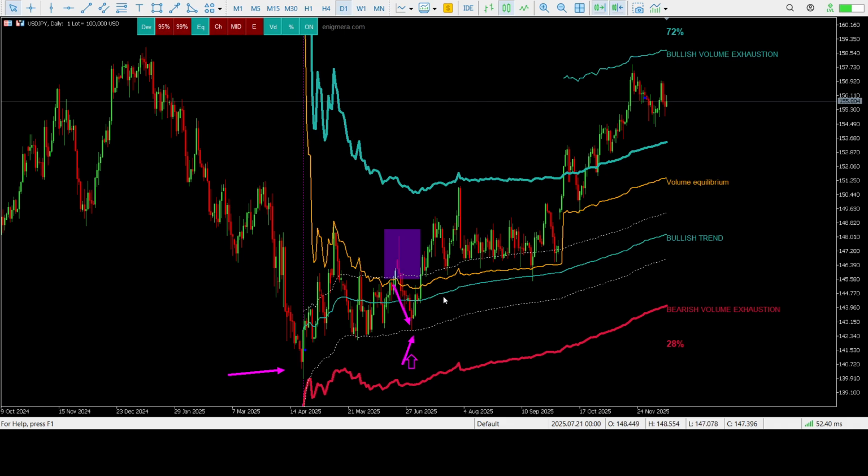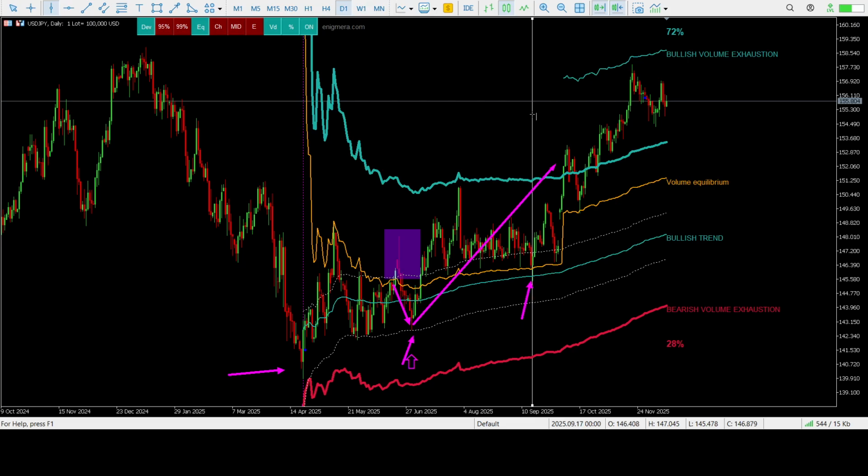After that the trend proceeded further up to the bullish exhaustion line. Here we got a check of liquidity, which is very important, this place.